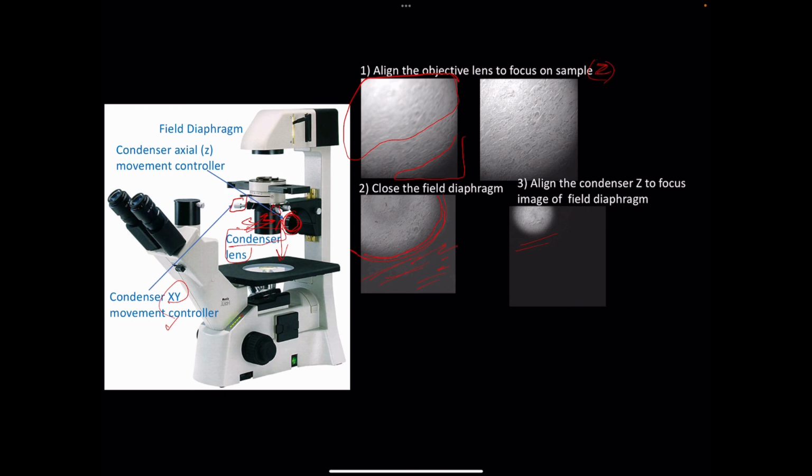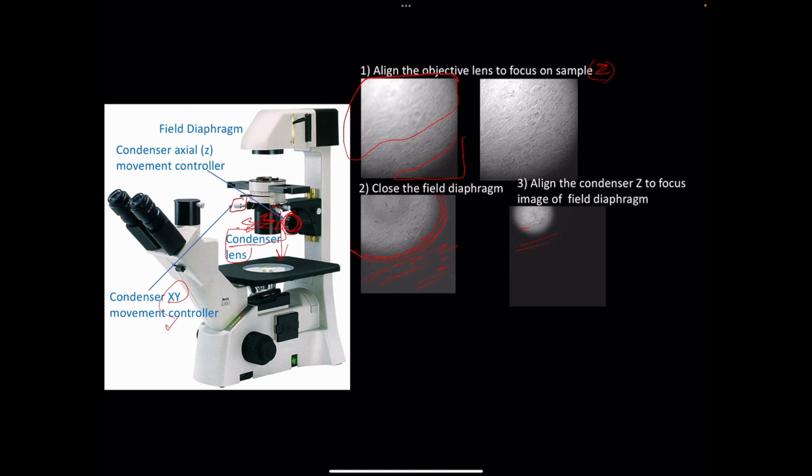Now, when you see the edges of the field diaphragm, align the condenser lens. Only when you see the edges of the field diaphragm in your image, then you start the alignment of the condenser lens, otherwise don't. If you see the edges of the field diaphragm in your image like this and this, then you can start the alignment of the condenser along the Z axis.